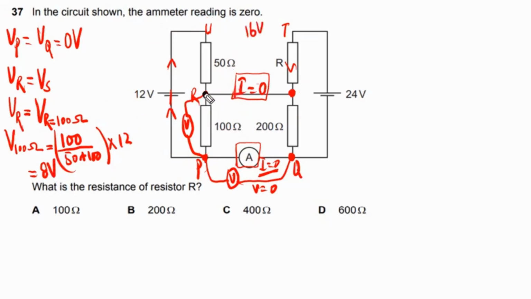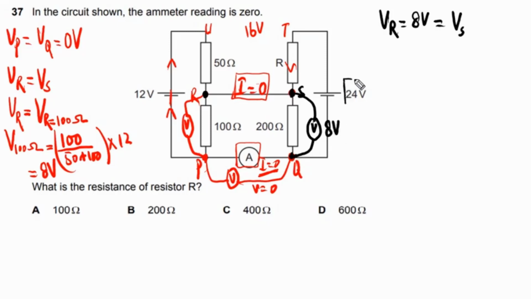As we have already found, the potential at point R is equal to 8 volts. It also tells us that the potential at point S is also equal to 8 volts. The potential at point Q is equal to 0 volts. It simply means that if we connect our voltmeter across this 200 ohm resistor, the reading will be equal to 8 volts.